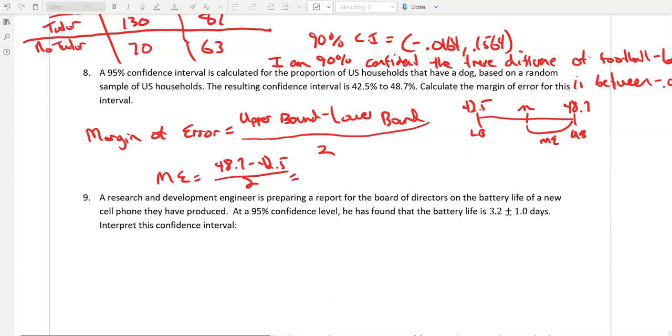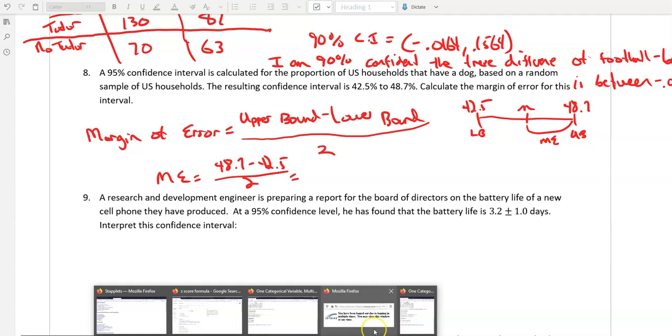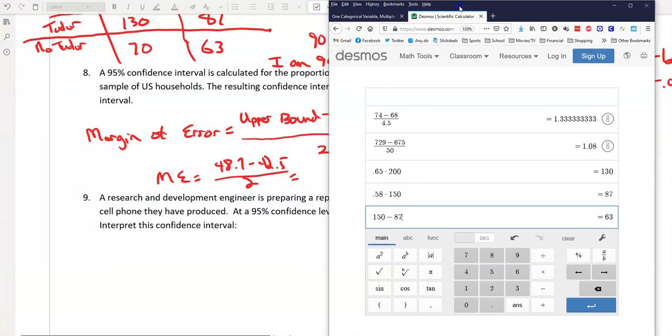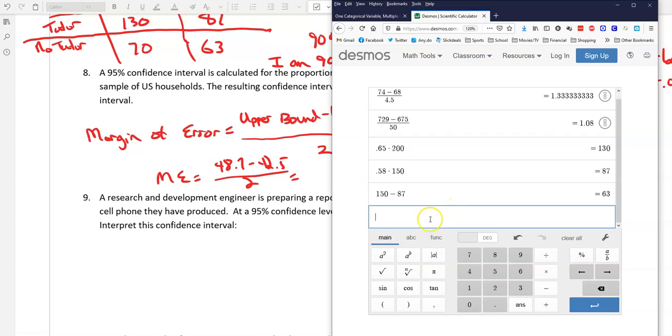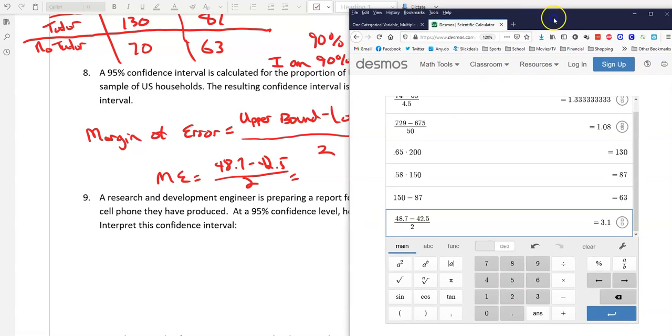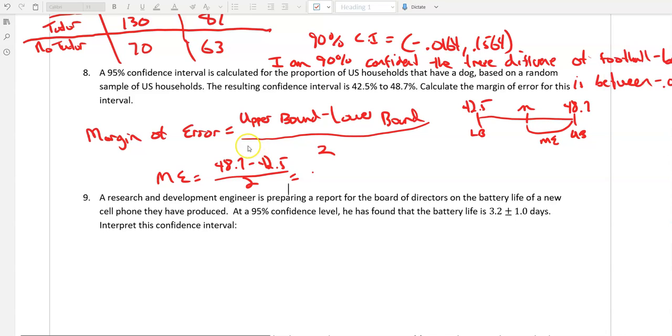And let's get our calculation there. It's 3.1. So it's 3.1%.